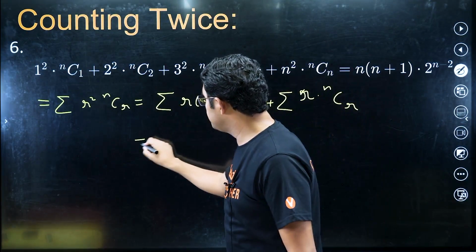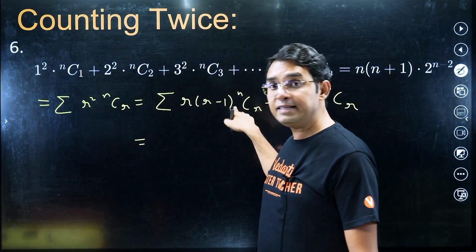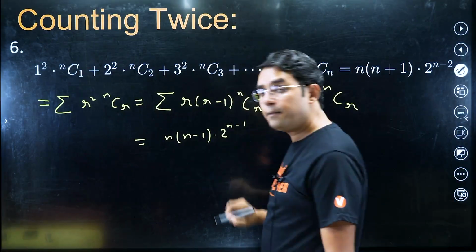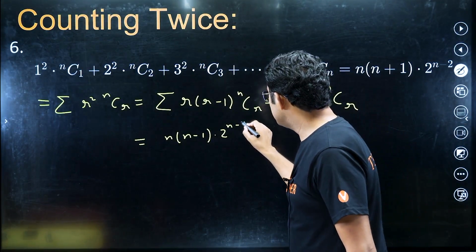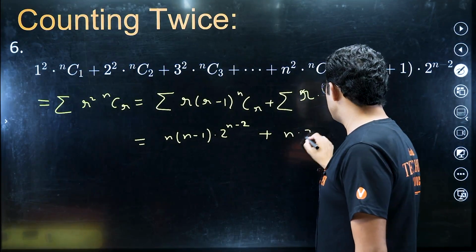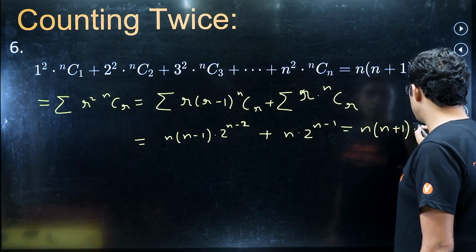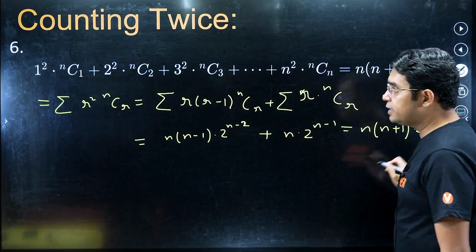That is the summation of the series where leader and sub leader are to be created, so n into n minus 1 into 2 power n minus 2. In the other case, it will be n into 2 power n minus 1. If you add them, we get n into n plus 1 into 2 raised to the power n minus 2. That is one way.